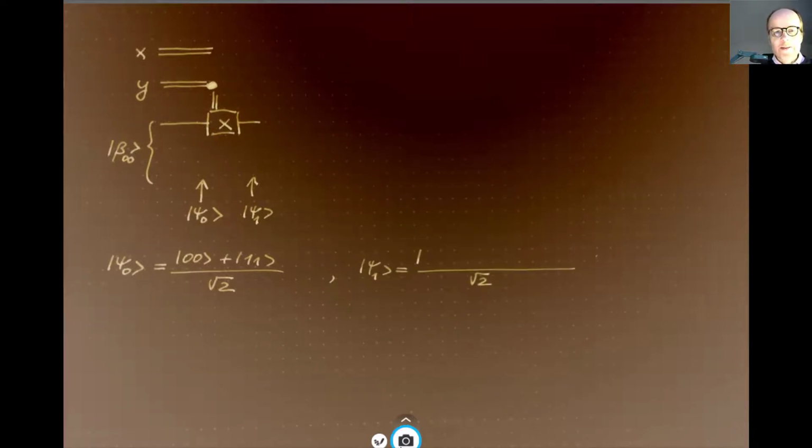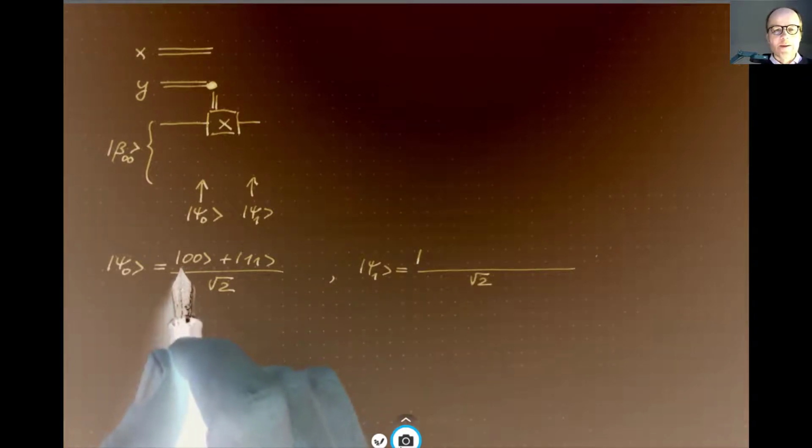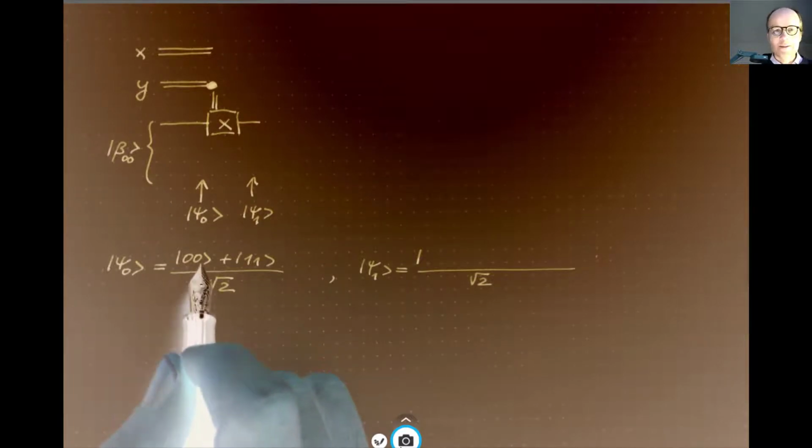Of course, it affects only Alice's qubit. When you look at the state of the Bell pair, the first label refers to the member which is in possession of Alice, and the second one refers to the member in the possession of Bob.